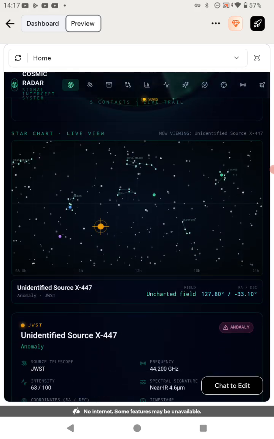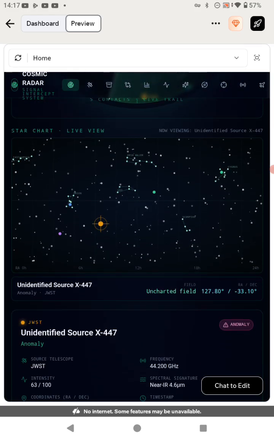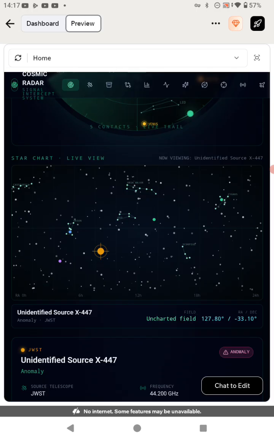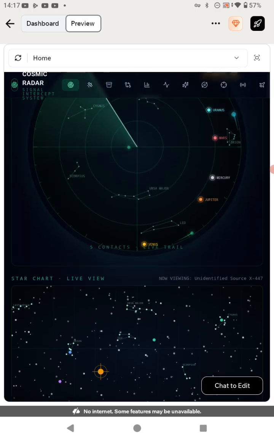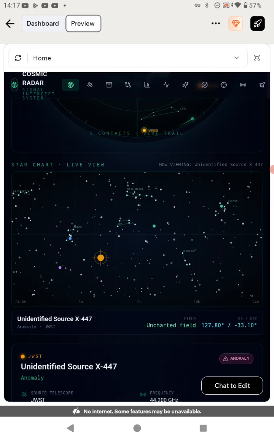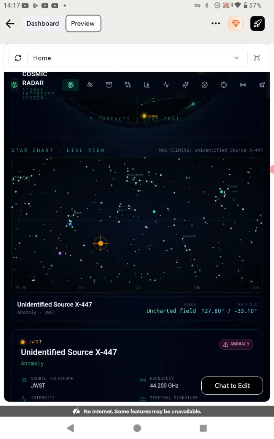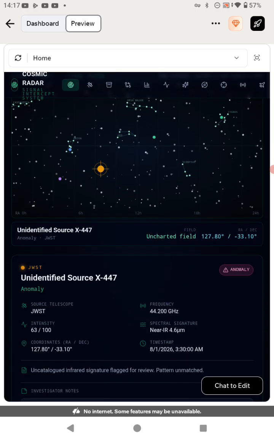Now, here is the star chart. So actually, you see, you got a star chart of what the radar is going through. Now, we've got an identified source of X447.